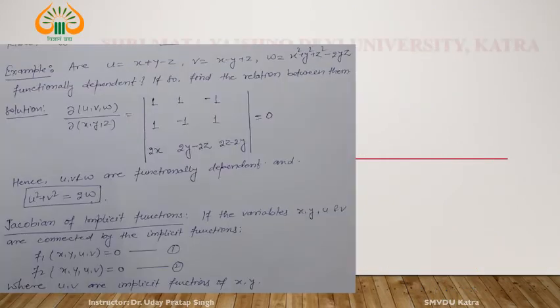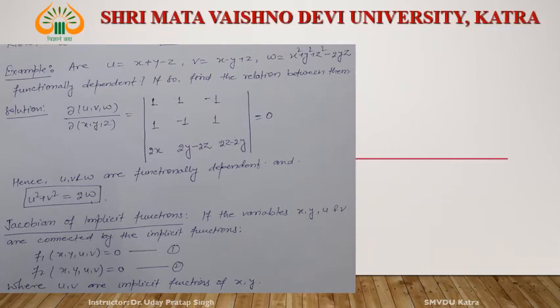See another example. If u is equal to x plus y minus z, v is equal to x minus y plus z, and w is equal to x square plus y square plus z square minus 2yz, then what is the functional dependency between u, v, w?